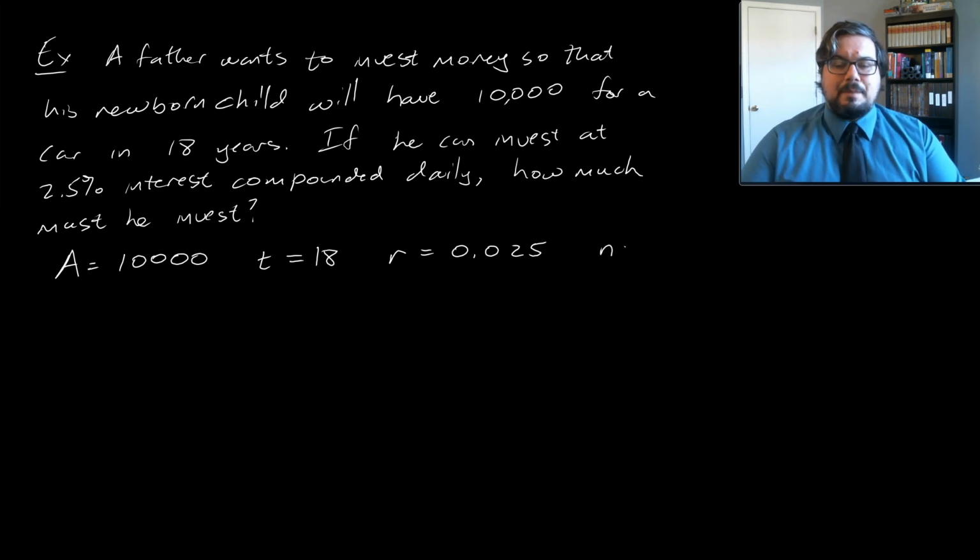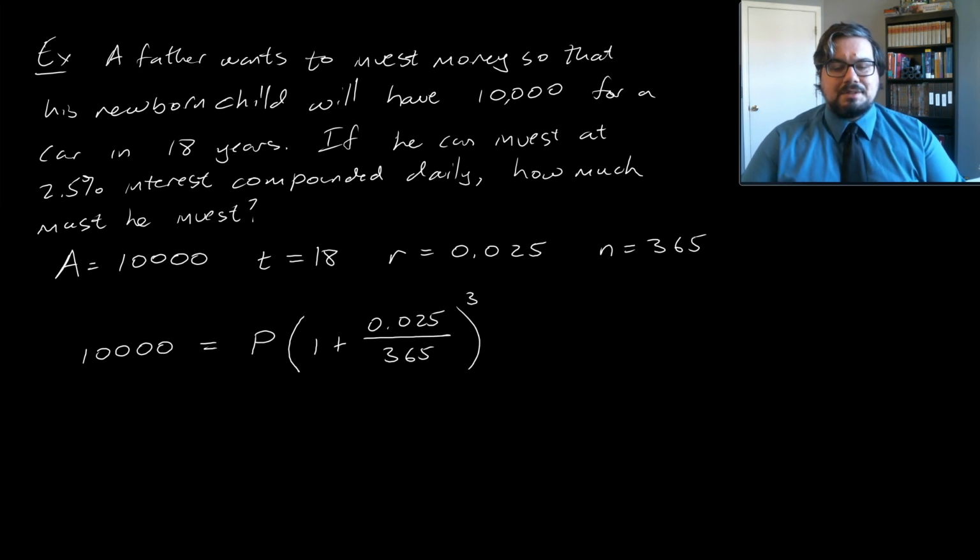And we're told it's compounded daily, so n in this case is 365. So if we plug all of that into the compound interest formula, what we get is 10,000 is equal to the principal times 1 plus 0.025 over 365 raised to 365 times 18.